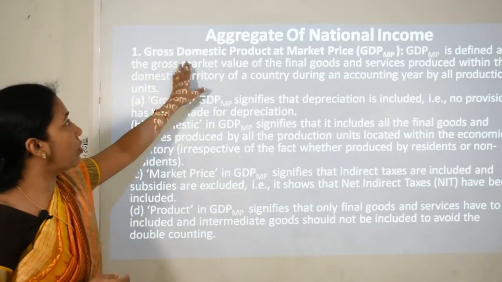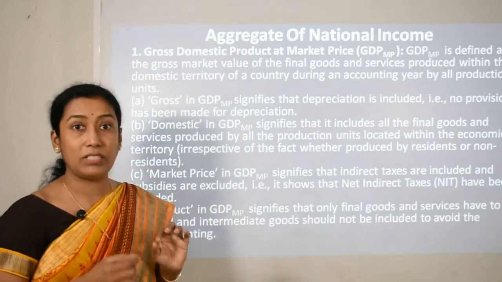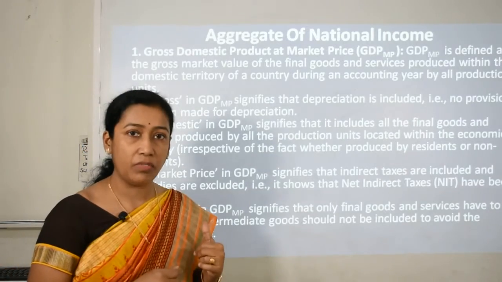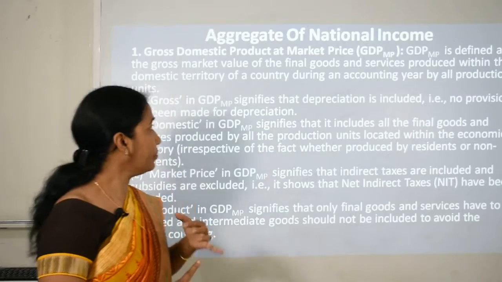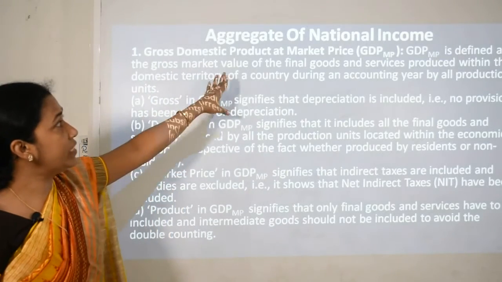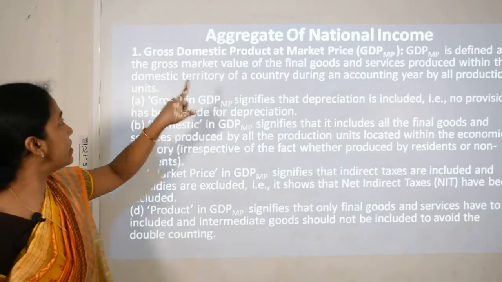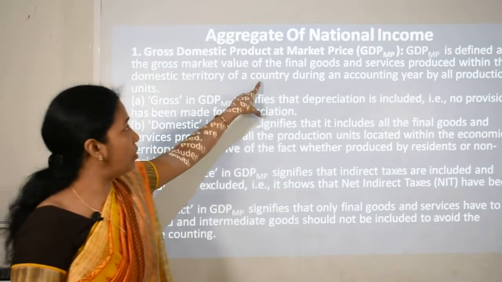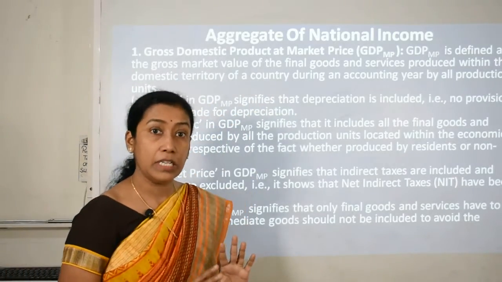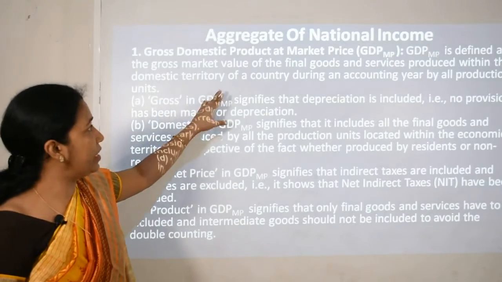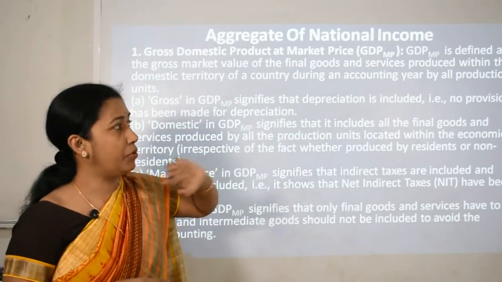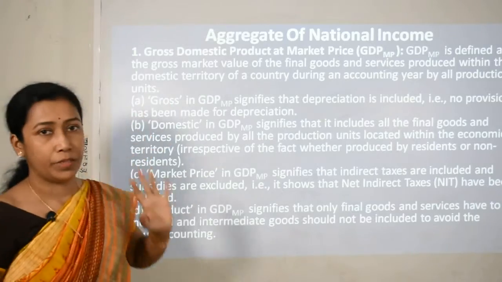The first is gross domestic product at market price, that is GDP at market price. In the previous slide we have discussed market price as well as factor cost. So, finally, when we say GDP at market price, it is defined as the gross market value of all final goods and services produced within the domestic territory of any nation of a country during an accounting year by all production units.